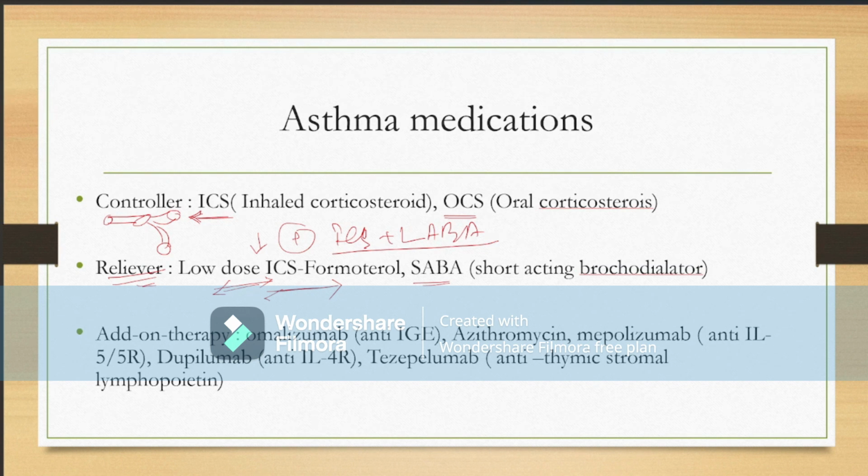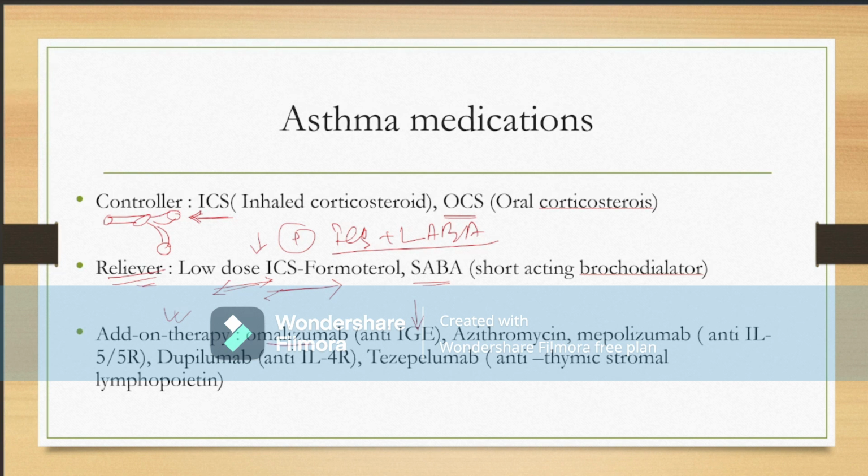And there is another drug group called add-on therapy. These drugs are given to decrease the inflammation and decrease the interleukin. As I said, there is an increased amount of IgE antibody. So to decrease the IgE antibody, we have to give omalizumab.